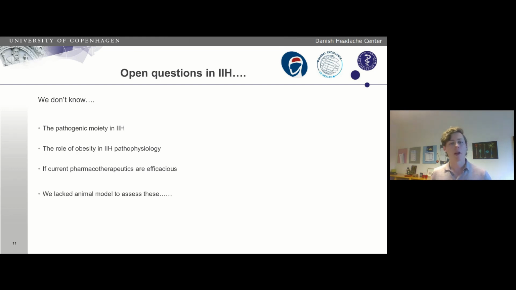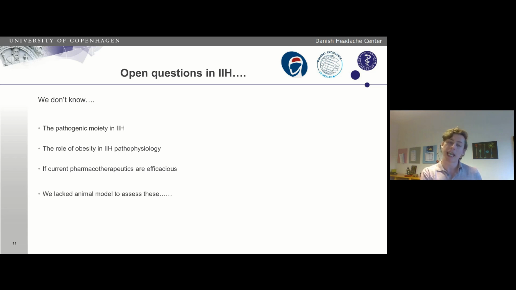So there are open questions in IH, which we as a group are hoping to address. One, what is the pathogenic moiety in IH? This is something we just don't know. What is the role of obesity in IH? We know that weight loss can be curative in these patients.